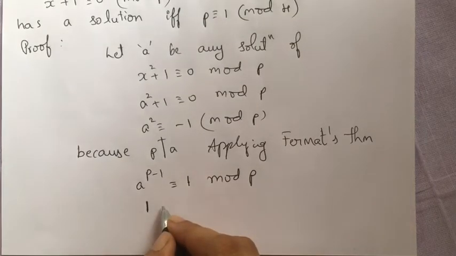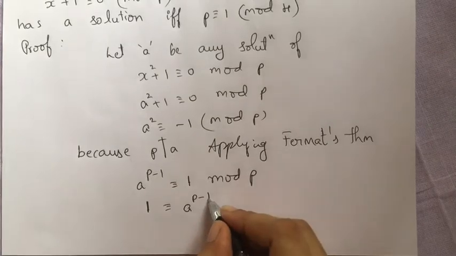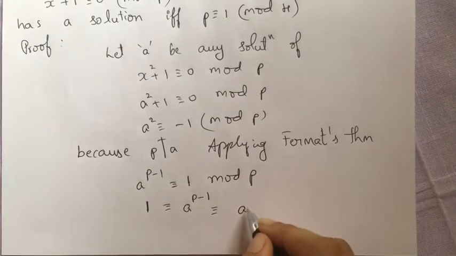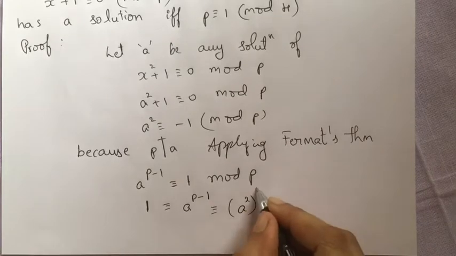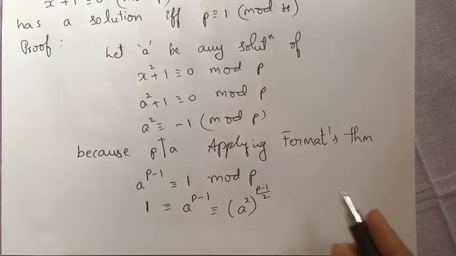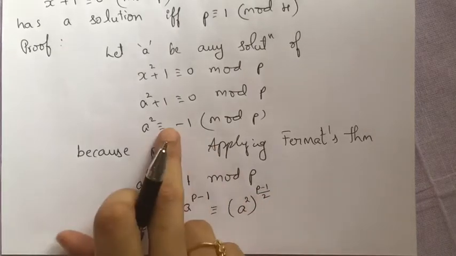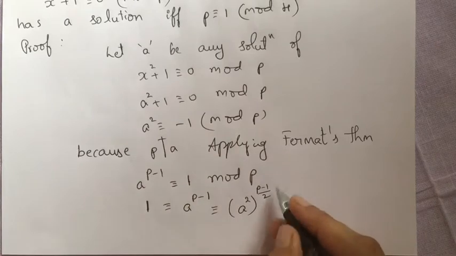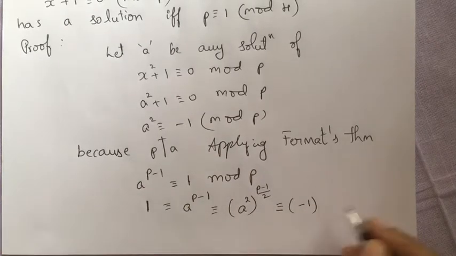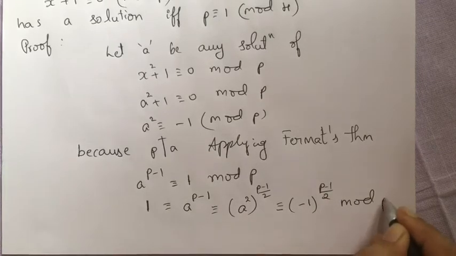That is the same as writing a square to the power p minus 1 by 2, which is a square is congruent to minus 1 mod p. So 1 is congruent to minus 1 power p minus 1 by 2 mod p.